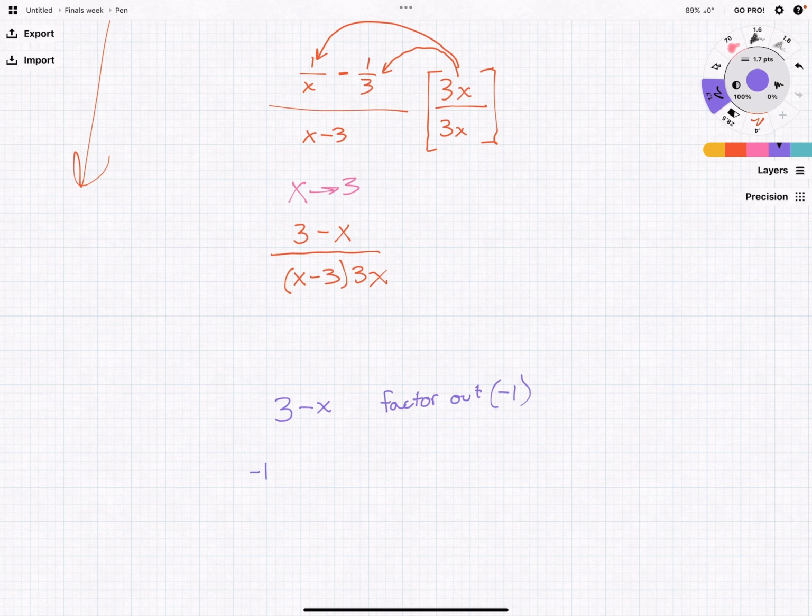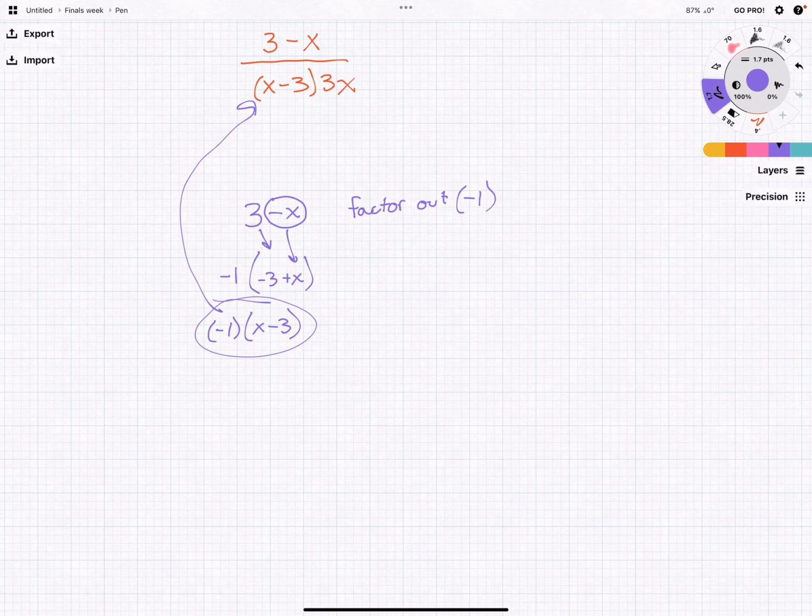If we pull out a negative 1, that means the 3 has to turn into a negative 3, and this negative x has to turn into a positive x. If we do a little bit of rearranging, then we have negative 1 times x minus 3, and there's our solution. Now we have something to cancel out this denominator with.